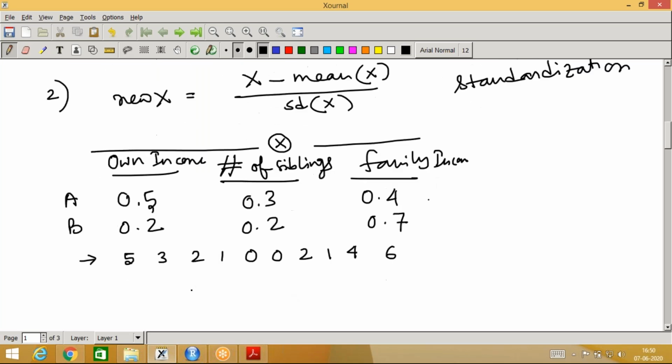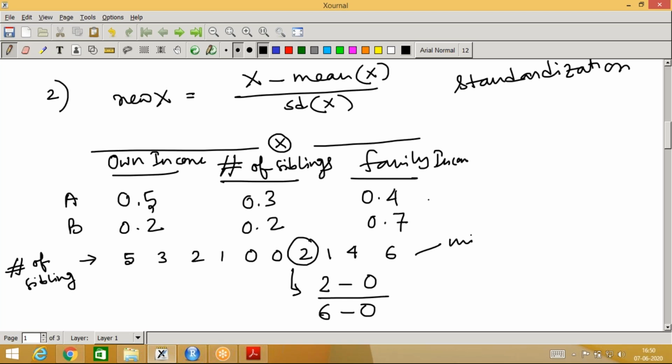So this is the number of siblings. Now I want to normalize it. So what will be the normalized value of this? This will be 2 minus 0 divided by 6 minus 0. Minimum of this is 0. Maximum of this is 6.